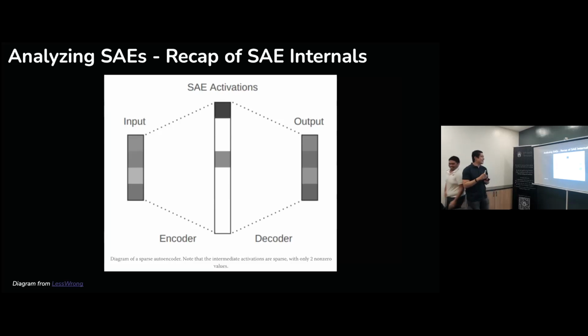Hello, hello. Okay. Yeah, so thanks, Carl. We'll just recap the SAE. From the name, an SAE basically widens the input into its own dimension, but only some parts of this are activated, and those represent specific features.